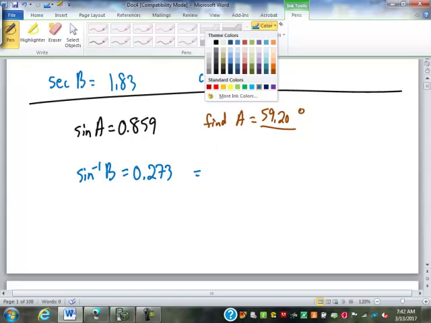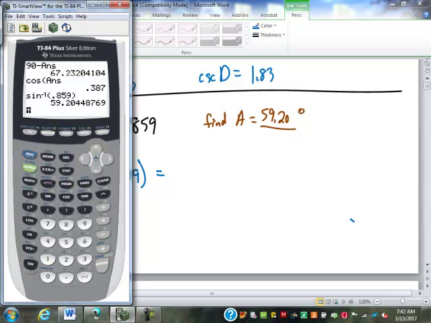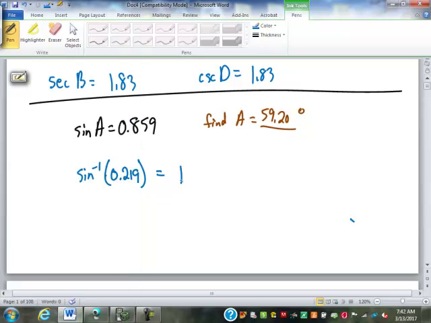Oops, I wrote that out wrong. Let me try that again. That sine inverse of 0.219 is saying do the inverse sine, or sine of A equals 0.219, find A. So we're going to still do second sine 0.219, 12.65 degrees.